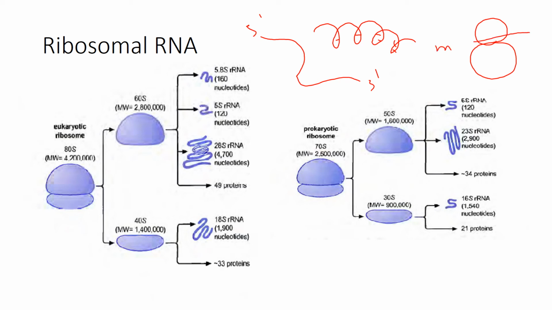It acts as a messenger RNA attachment site, and it moves over the messenger RNA so that different codons can be read, and it is a junction where the tRNA brings the amino acids for addition.